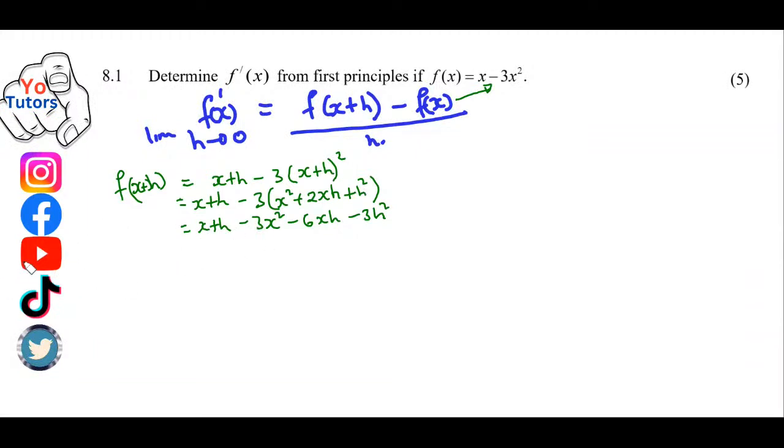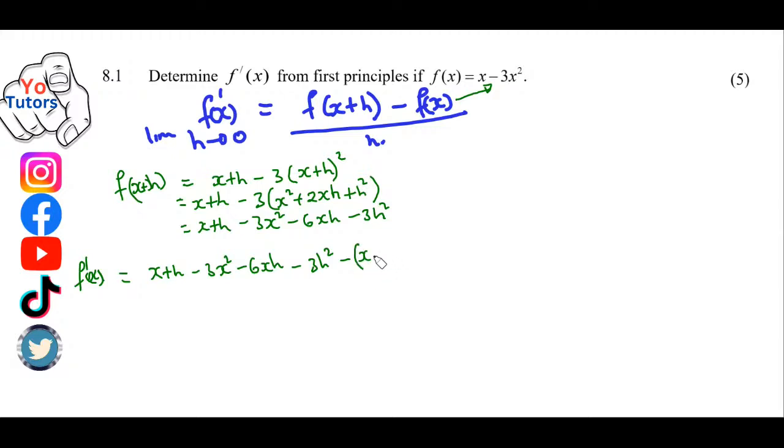So here, let's put it now and say our first derivative is going to be x plus h minus 3x squared minus 6xh minus 3h squared. We're just copying what we have here. Minus, now, we're just going to put x here.